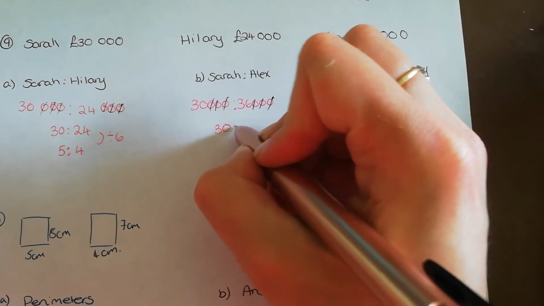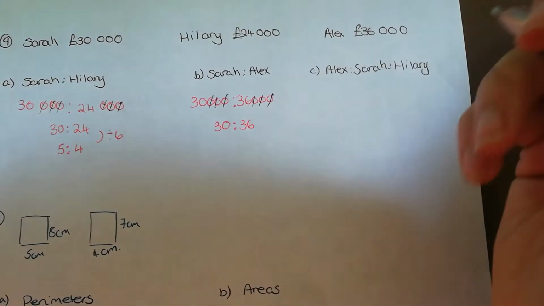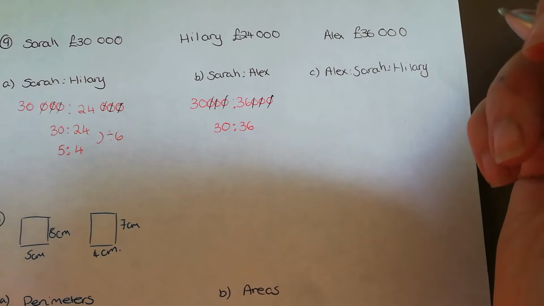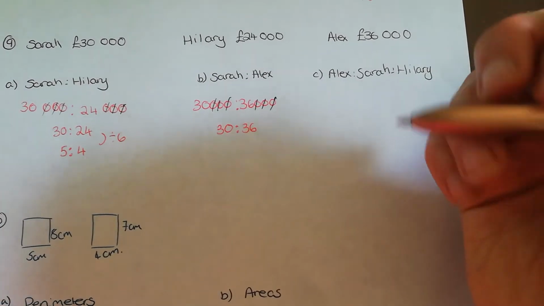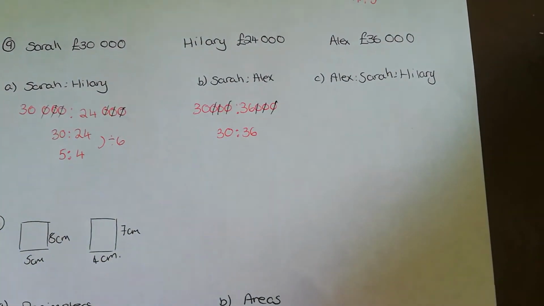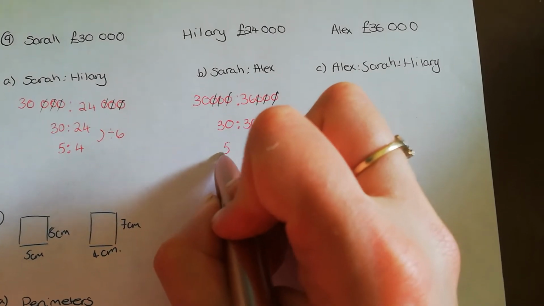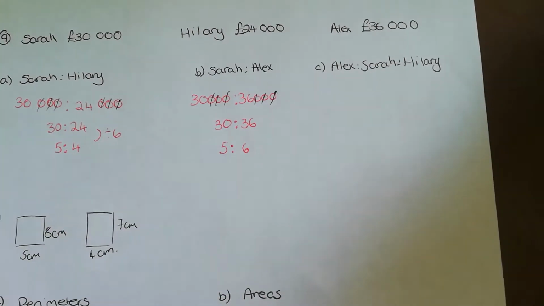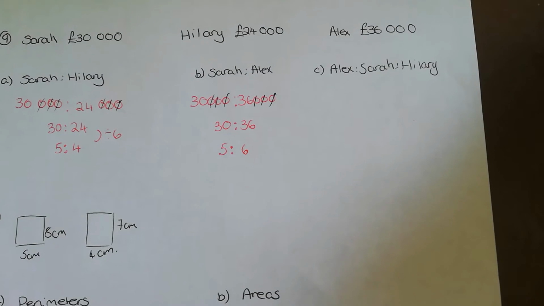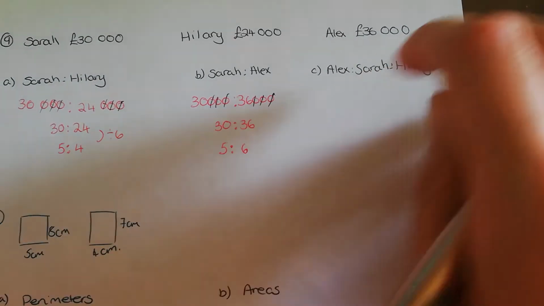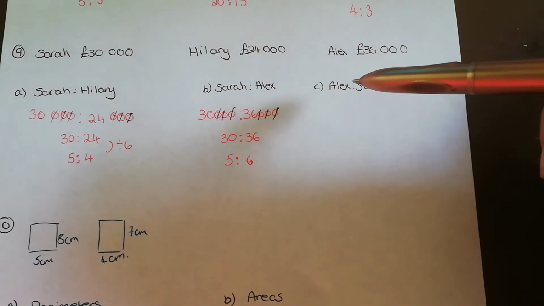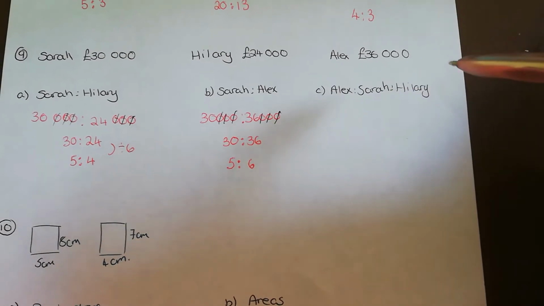So we've got 30 to 36. And again, thinking about what times table they're both in, 30 and 36, both could divide by 2, but they're also both in the 6 times table. Remember, 6 5s are 30, 6 6s are 36, so we would end up with the ratio of 5 to 6.